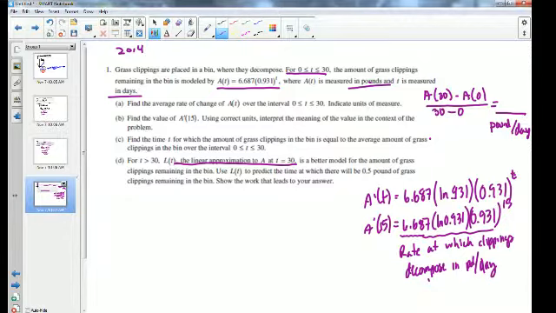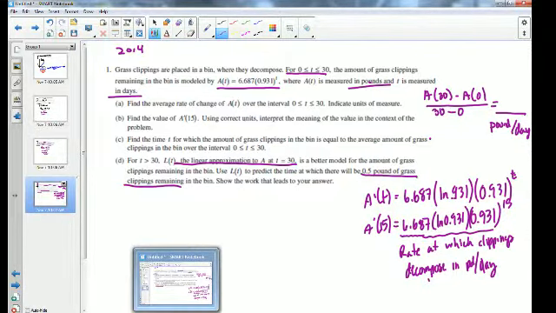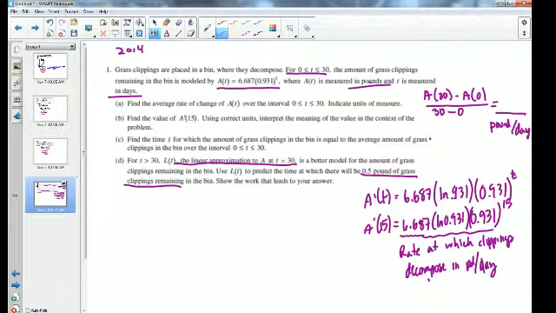Use L of t to predict the time at which there will be 0.5 pounds of grass clippings remaining in the bin. Show the work that leads to your answer. All right. So, linear approximation. X is 30, right? How am I going to find Y? Plug it in. Does anybody have that handy?